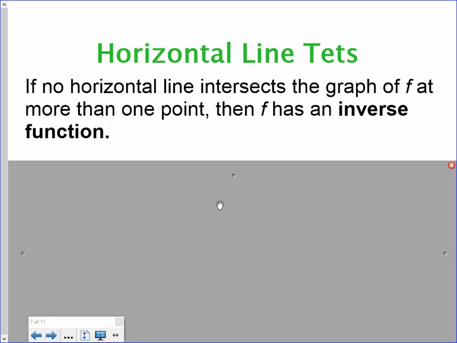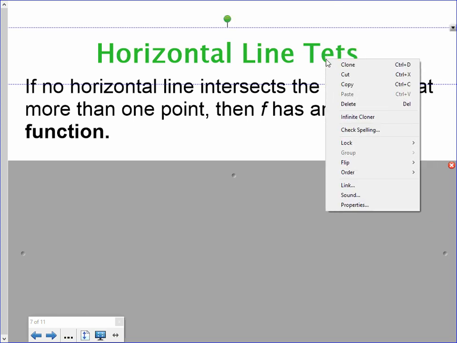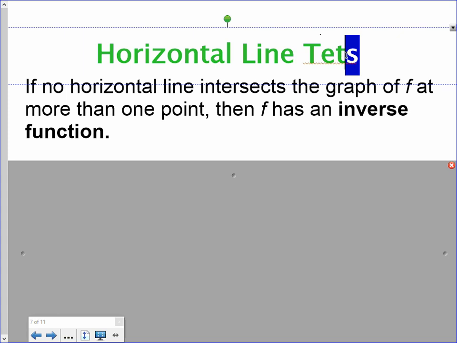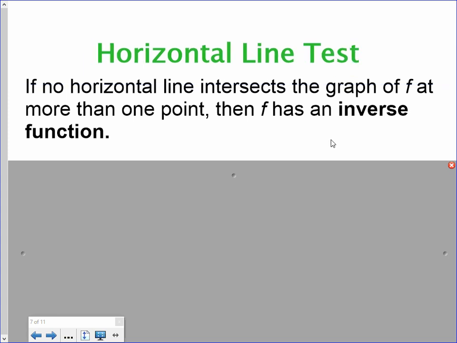Next up, we got 2 things to talk about, then we'll look at some examples. First one is the horizontal line test. This is worded really funny. If no horizontal line intersects the graph at more than one point, that is also the same as saying a horizontal line can cross at most 1 point, right?